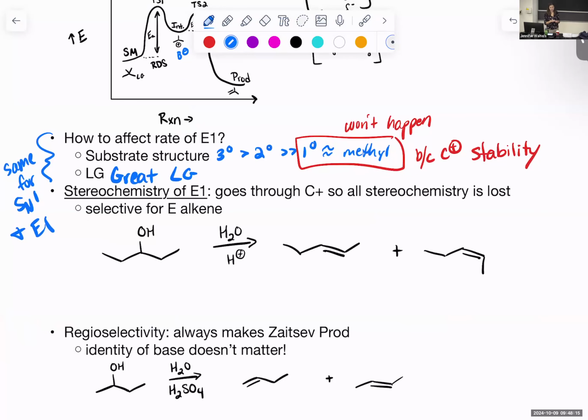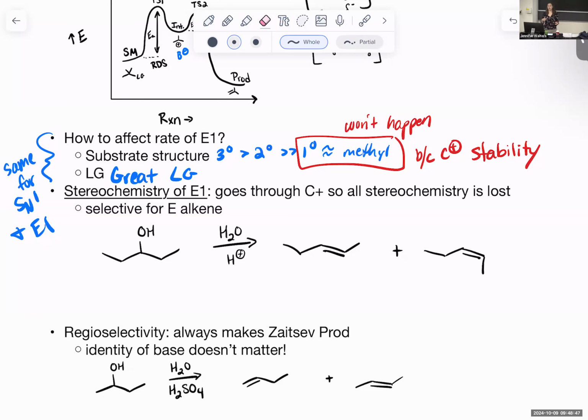When we talk about the stereochemistry of the E1 product, stereochemistry being cis versus trans, E versus Z, because we're going through that carbocation intermediate, we're going to lose any stereochemistry that originally existed, first of all. And then also, we're always going to make our most stable possible product, because if you're making a carbocation, it destroys any prerequisite arrangement, and it just says, make the most stable thing.